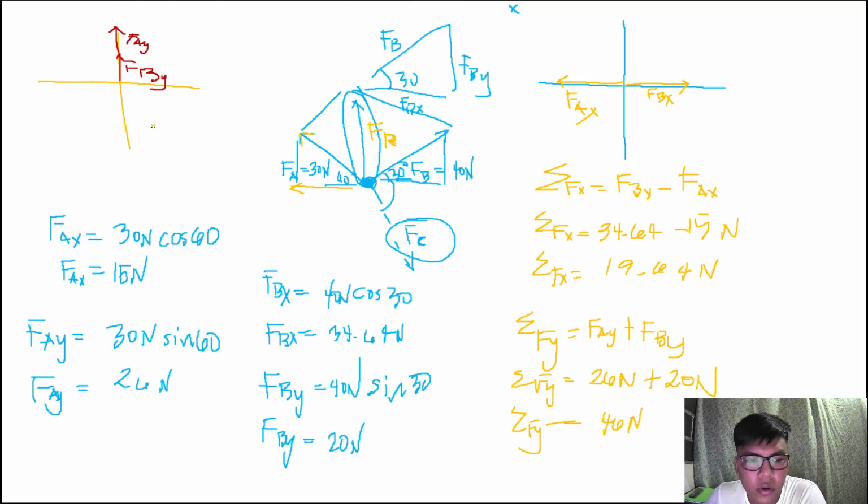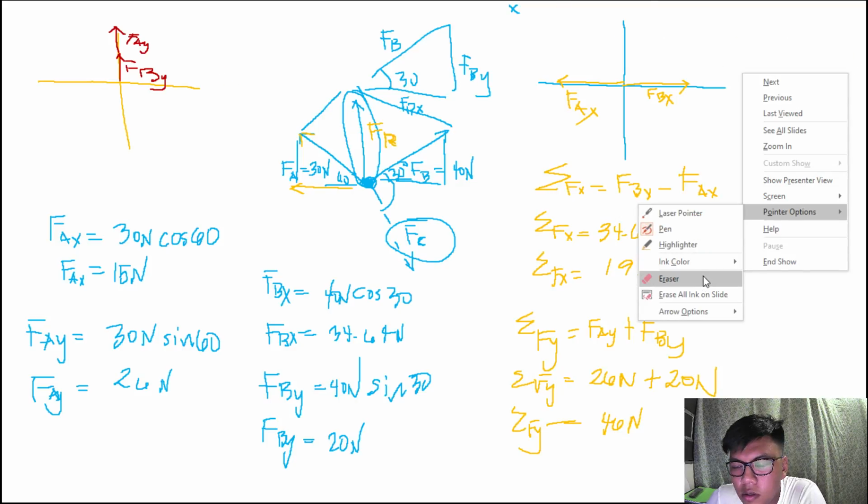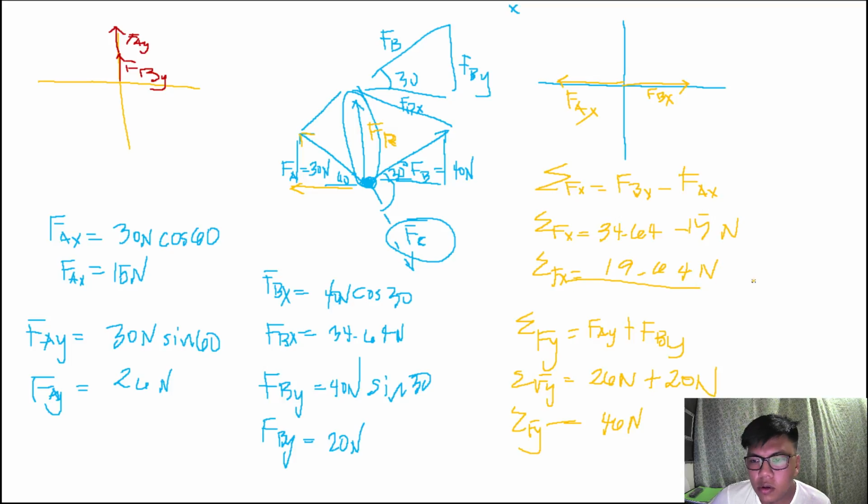Okay, so kay drawing natin ngayon, buburahin ko lang itong ating mga nakadrawing sa taas. Ay hindi, lipat ko na lang yung slides. Okay, so yung ating summation of forces along x-axis, pupunta sa kanan kasi positive siya dito. Okay, given that FBX is positive, going to the right, yung naging net natin dito, papunta sa kanan kasi positive.